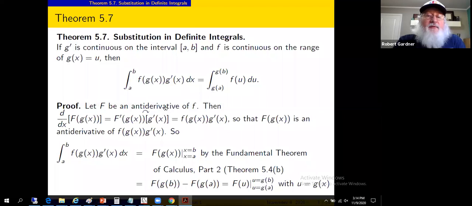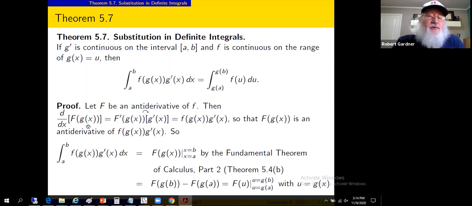Let capital F be an antiderivative of lowercase f, standard uses of those symbols. Then consider the derivative of F(g(x)), a composition of functions. Remember, U substitution is really just the chain rule backwards. So let's look at the chain rule forwards to motivate the proof.